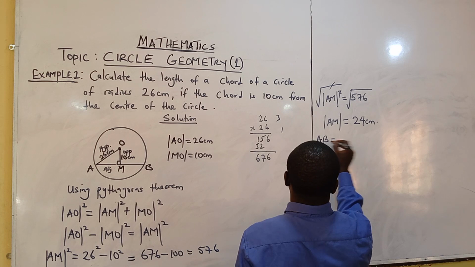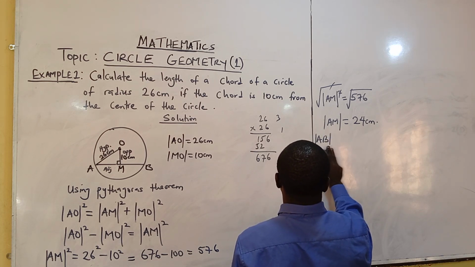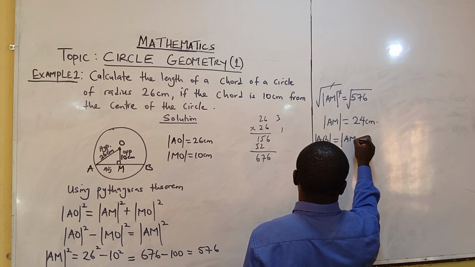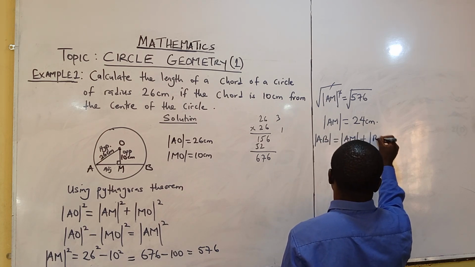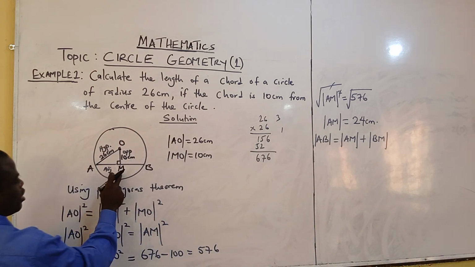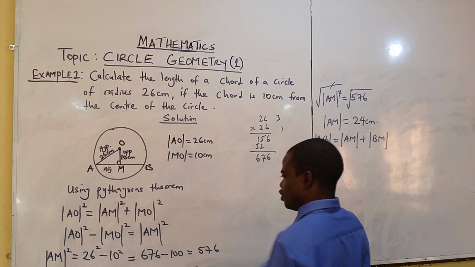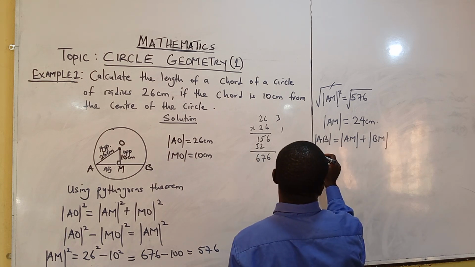Okay, now since you have AM to be 24 centimeter, line AB equals line AM plus line BM, and you can see line AM and line BM have the same distance. I got one of them to be 24 centimeter.